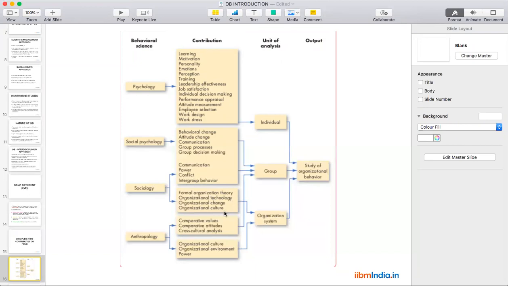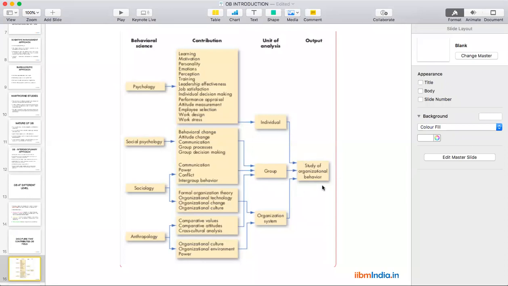Each and everything is analyzed under sociology, and sociology is part of your group behavior, along with the organizational system. When we talk about the culture of a company, the culture of the company is totally based on sociology. And the study of this group is one of the most important parts of your study of OB.